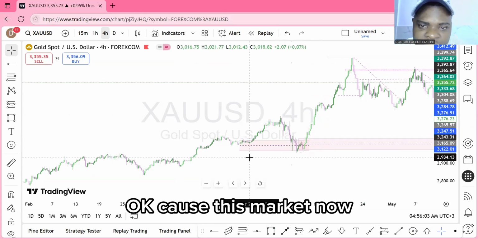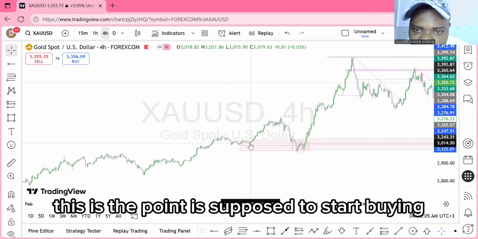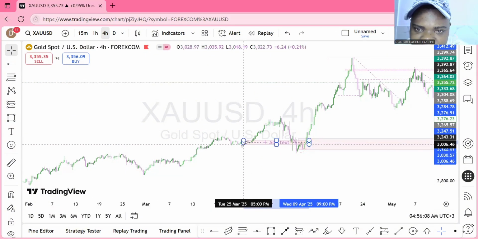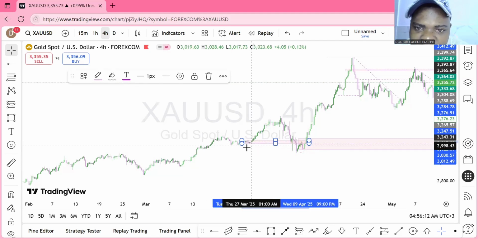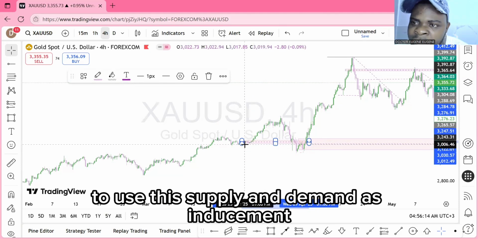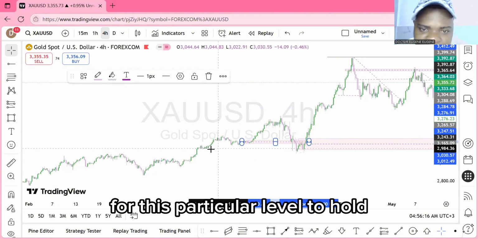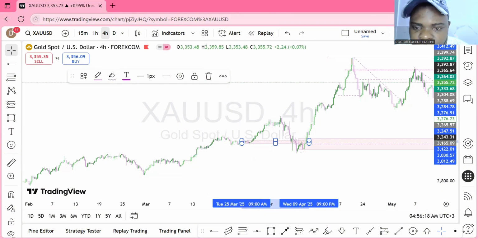Because this market now, this is the point it's supposed to start buying. But unfortunately, it used this supply and demand as inducement for this particular level to hold.